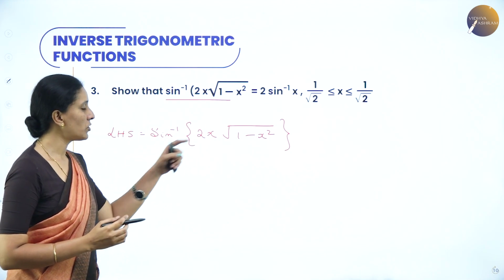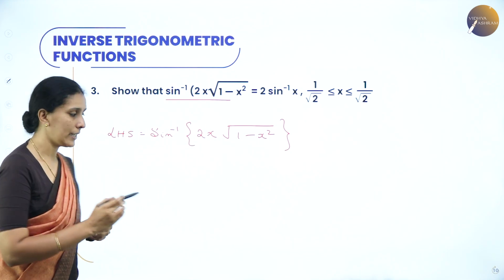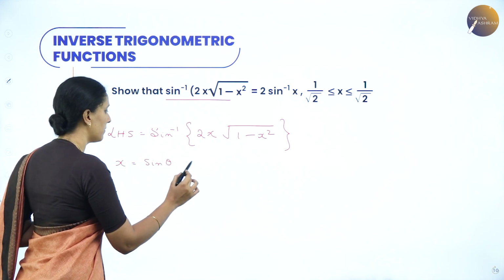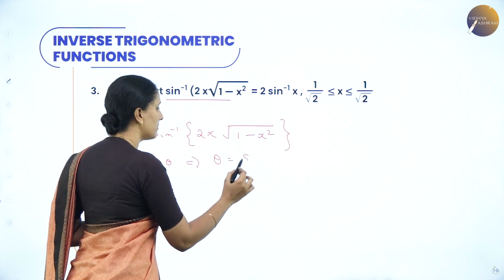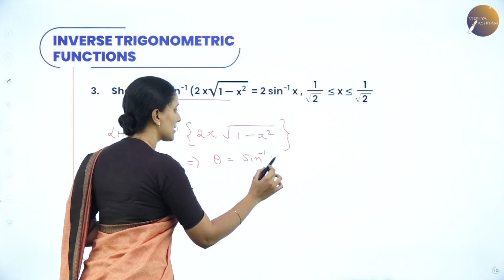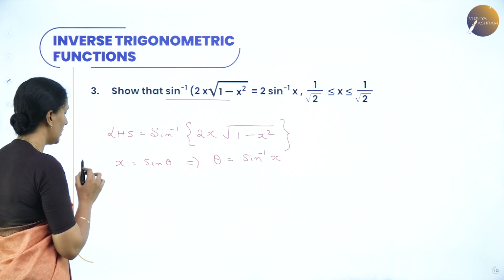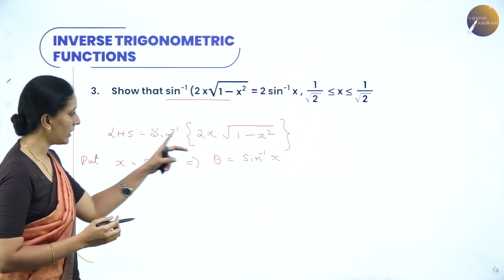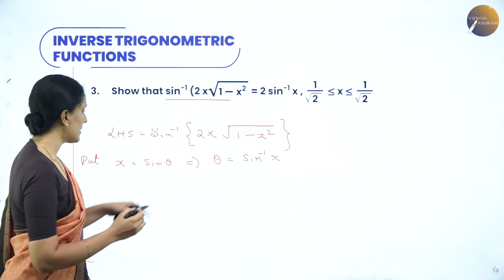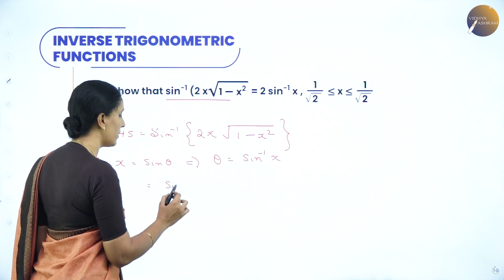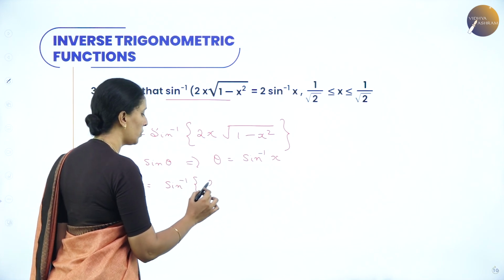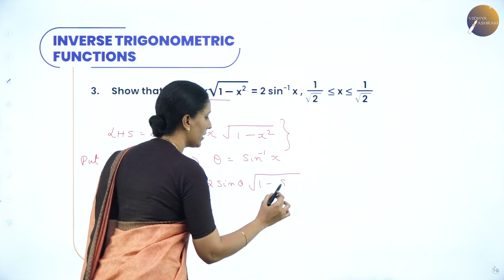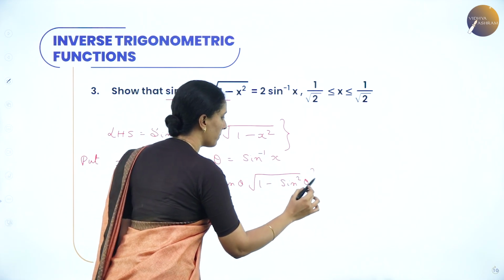Let us take the substitution x is equal to sine theta, then theta will become sine inverse x. Let us continue here. So, we have sine inverse 2 into sine theta root of 1 minus sine square theta.